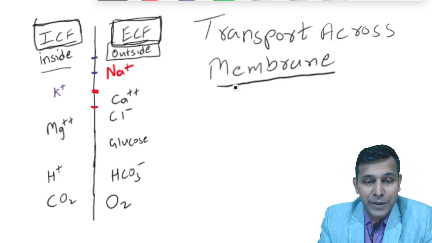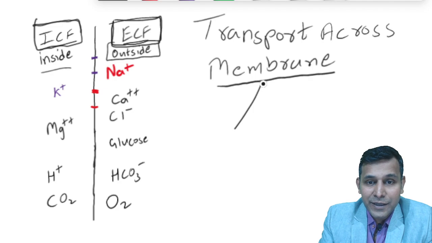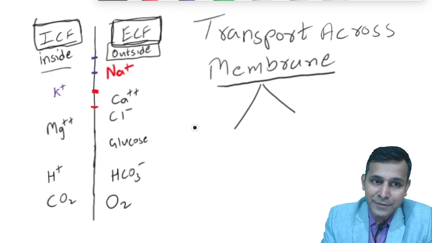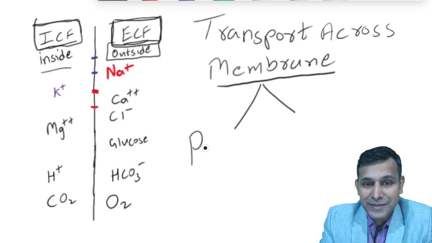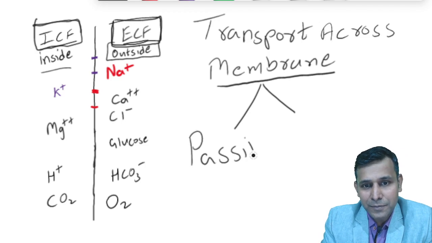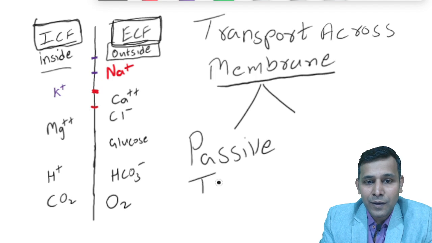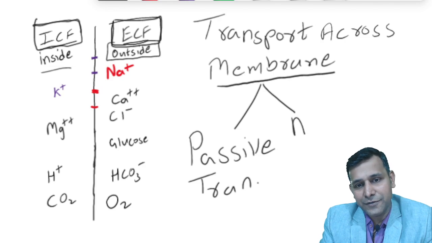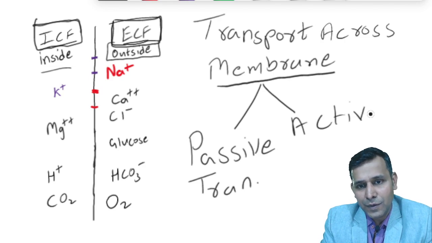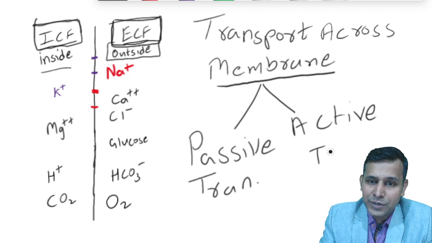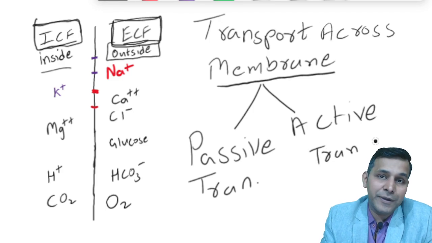Transport across membrane is broadly classified into two categories. One is known as passive transport, whereas the other one is known as active transport. Both of them share some very typical features.